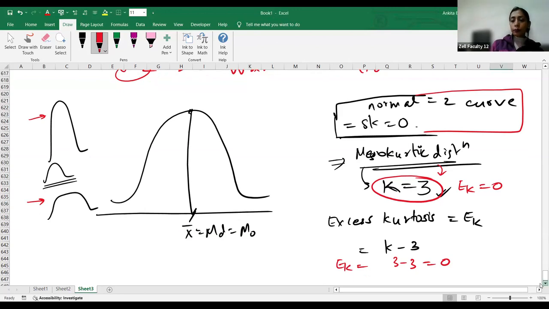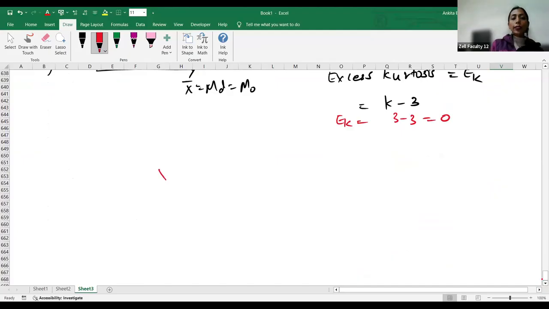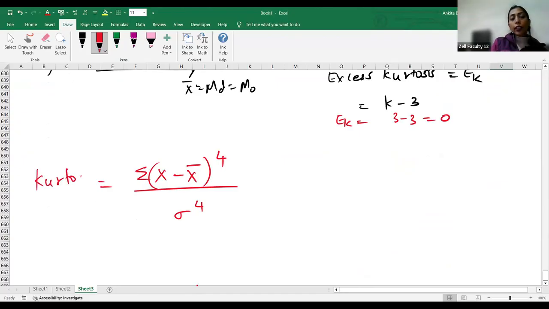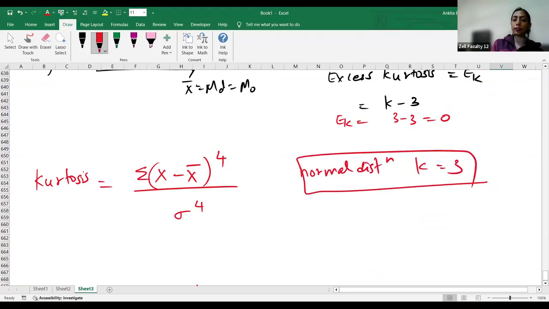I tell you: x minus x bar to the power of 4, add it and divide it by sigma to the power of 4. This is how you get the number for your kurtosis. If you calculate this kurtosis for a normal distribution, then this kurtosis will always come as 3.